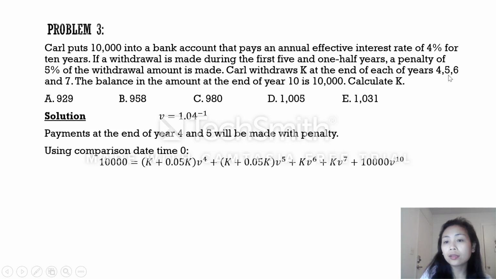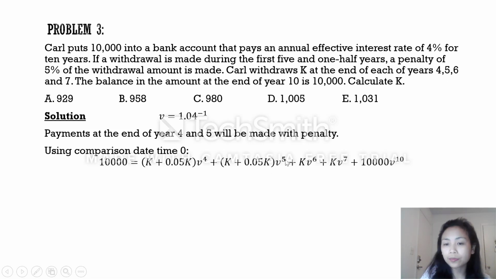At year 5, a payment of K with penalty of 0.05 K is made. So we multiply this amount with V to the 5th, because from time 5 to time 0 we multiply with V to the 5th.